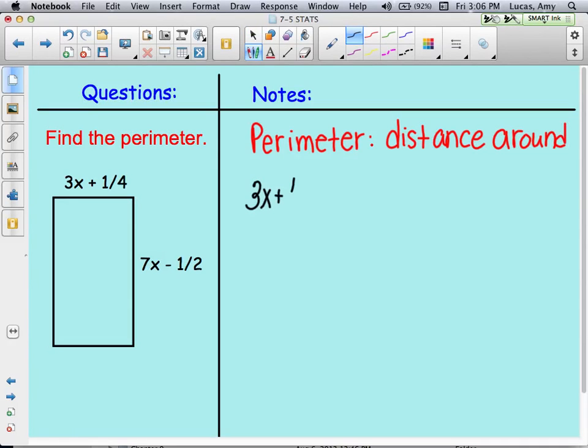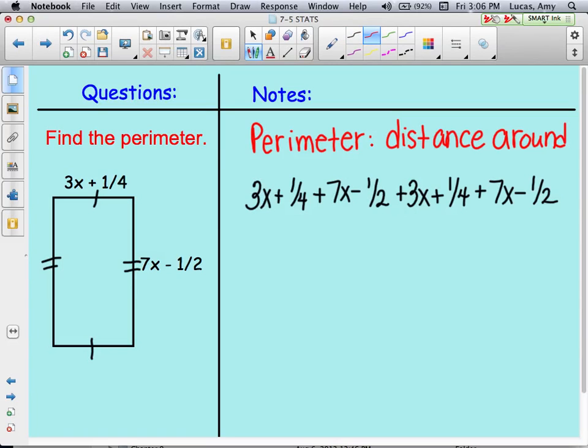So I have 3x plus 1/4, and then I have 7x minus 1/2, and then remember with the rectangle, opposite sides are equal in length, so I would have another 3x plus 1/4 and another 7x minus 1/2.